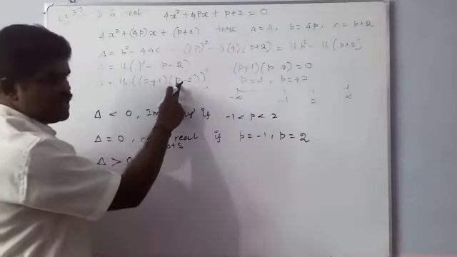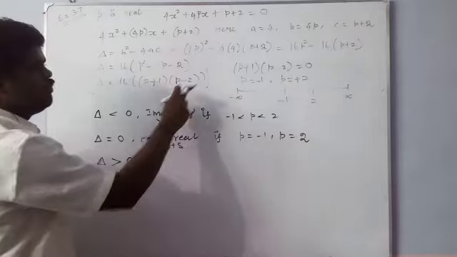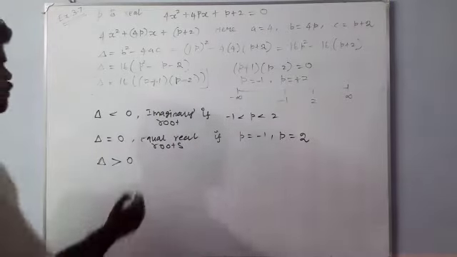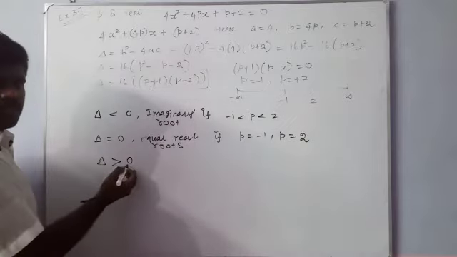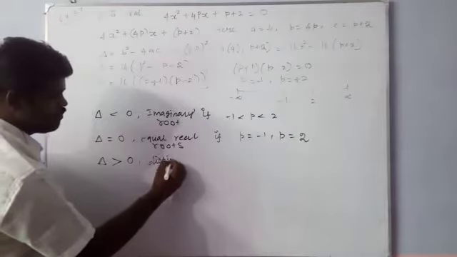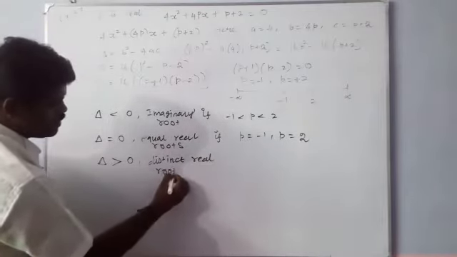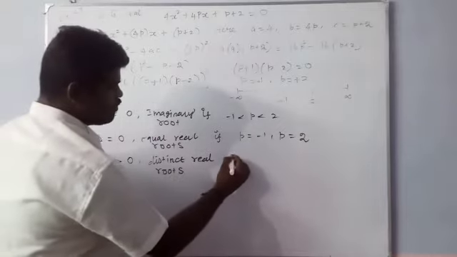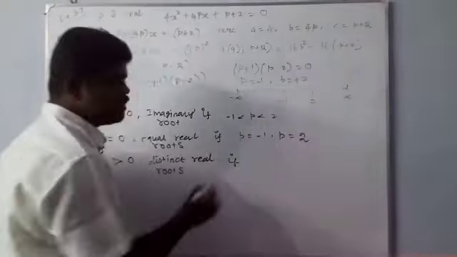Here we apply 3, 3 minus 2 is 1, which means it's a positive value, delta greater than 0. The roots are distinct real roots if the intervals are minus infinity to minus 1 and 2 to infinity, the remaining intervals.